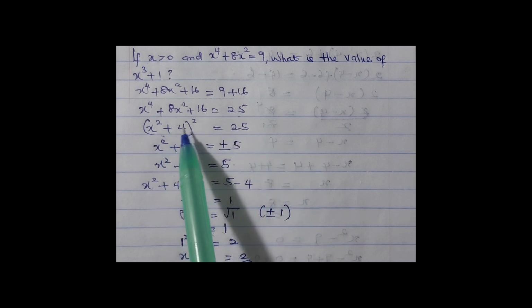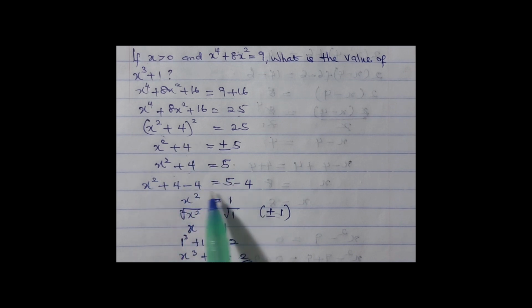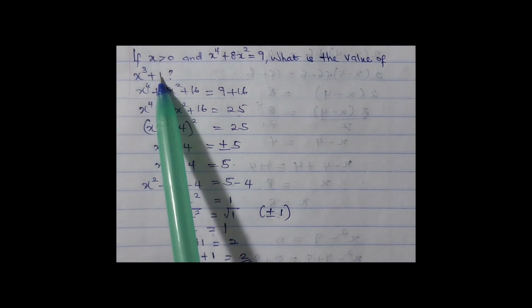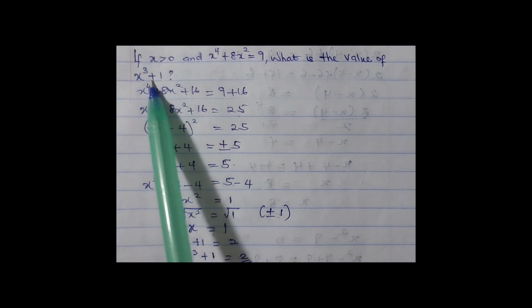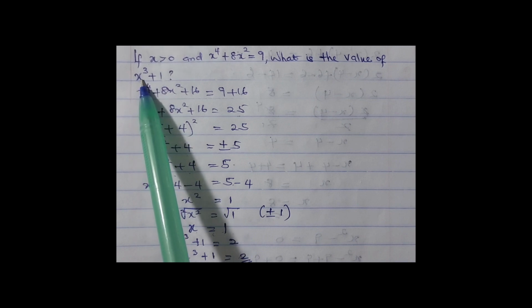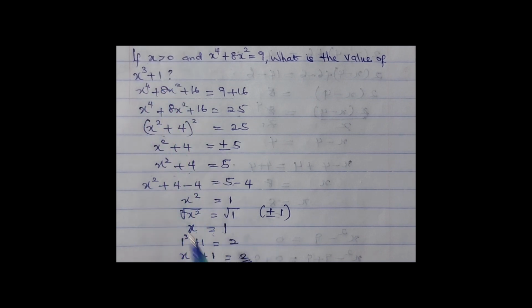So we can easily find the square root and factorize, get the value of x being equal to 1. And once that is done, we can easily find the solution to the problem, which is finding the value of x raised to the power 3 plus 1. We got it to be equal to 2.